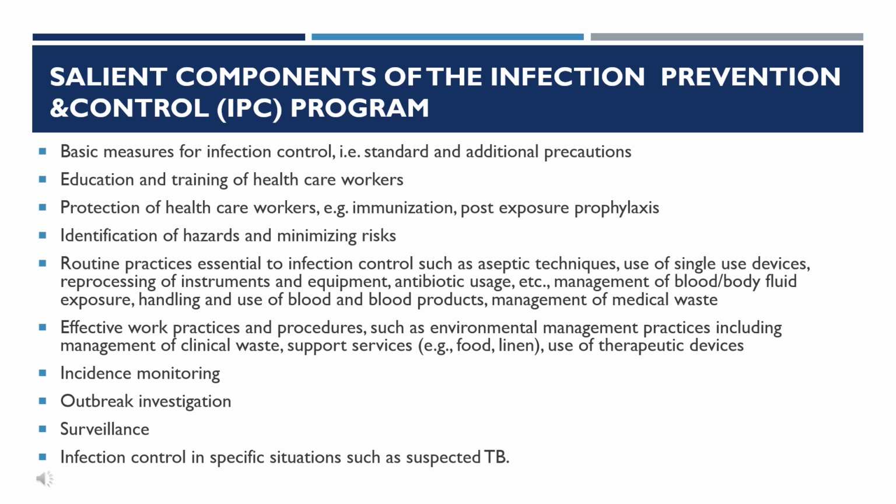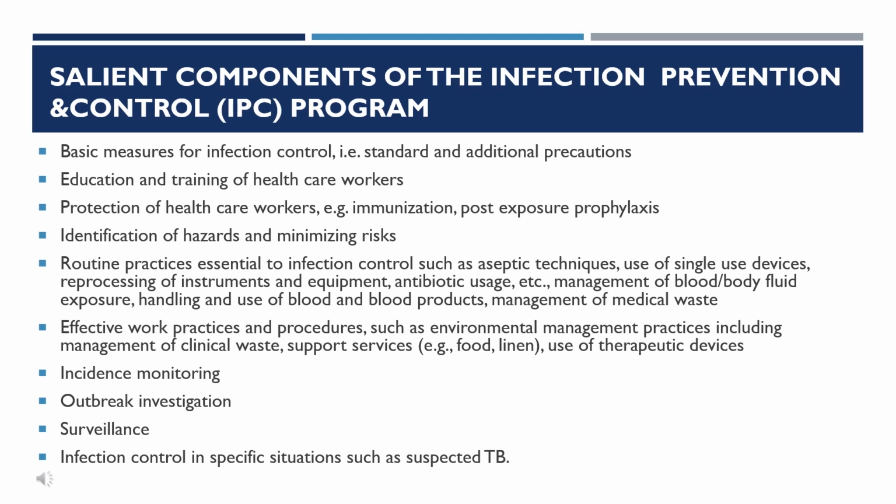Salient components of the infection prevention and control program include basic measures for infection control such as standard and additional precautions, education and training of healthcare workers, protection of healthcare workers by immunization and post-exposure prophylaxis, identification of hazards and minimizing the risks, routine practices which are essential for infection control such as aseptic techniques, use of single-use devices, reprocessing of the instruments and equipment, antibiotic usage, etc.